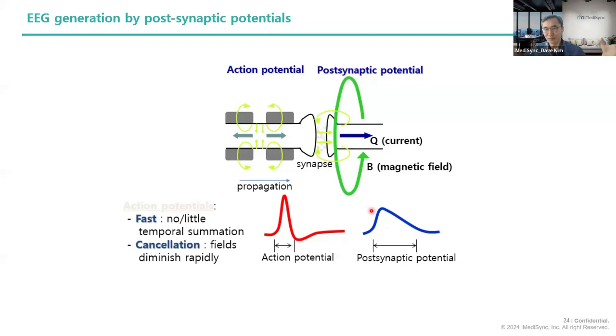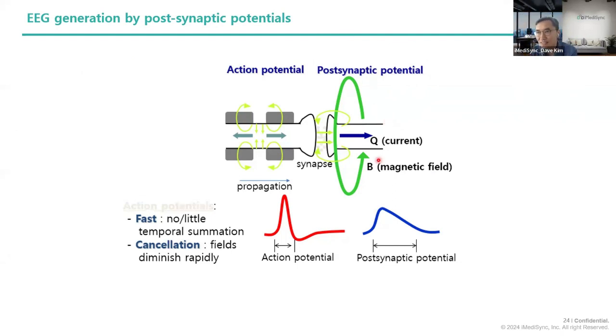So there is a big assembly of neuronal columns from the thalamus to the cortex. The thalamus acts as a pacemaker. With that kind of thalamus to cortex projection, the synchronous activity of this postsynaptic potential makes the measurable EEG rhythm on the skull.